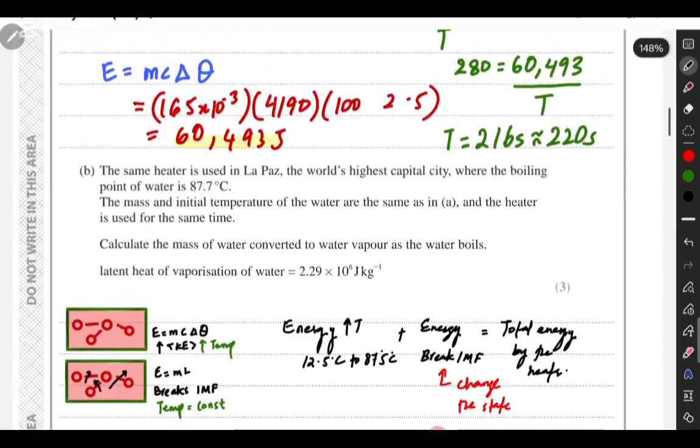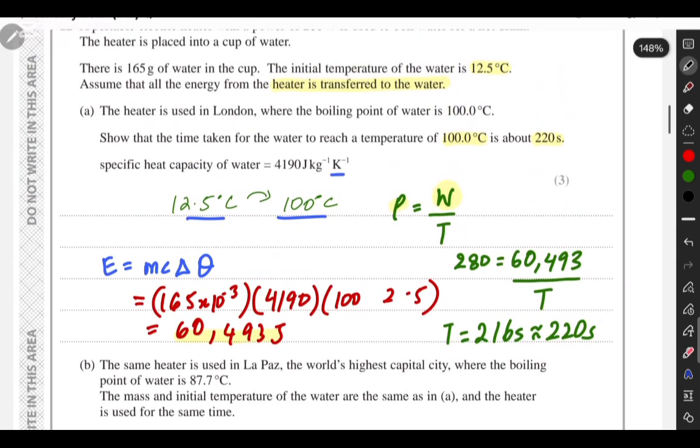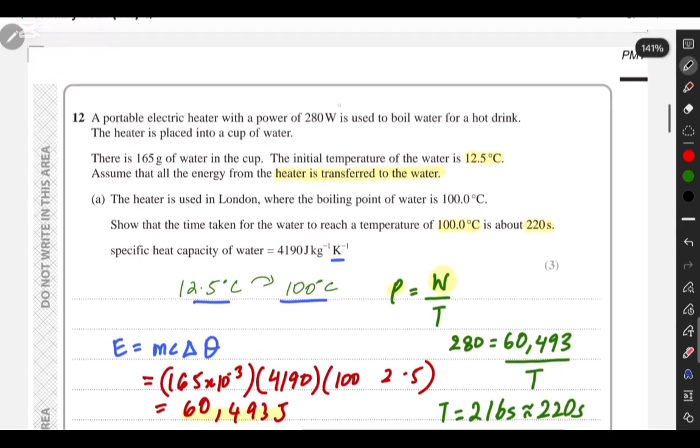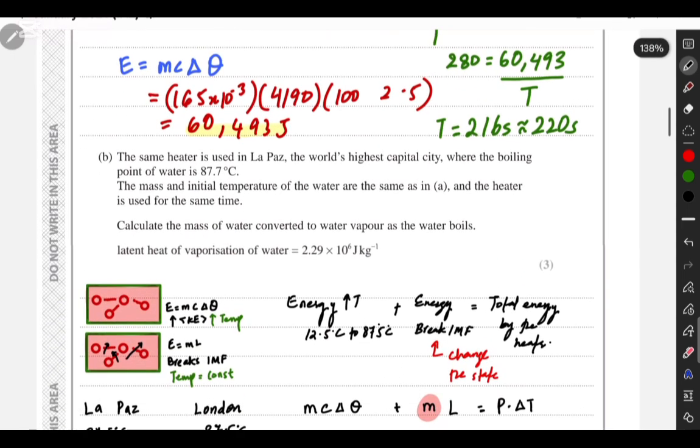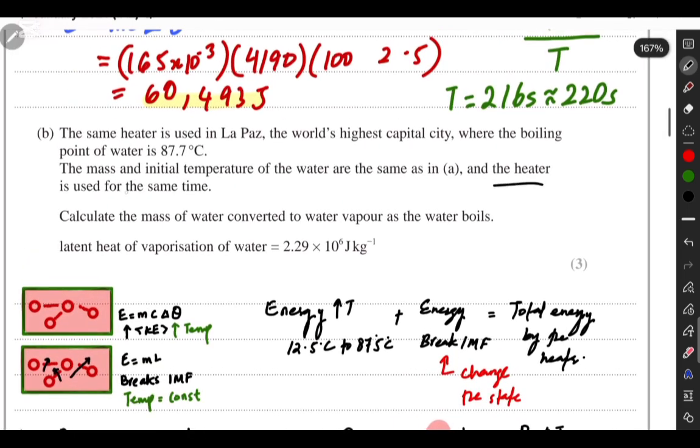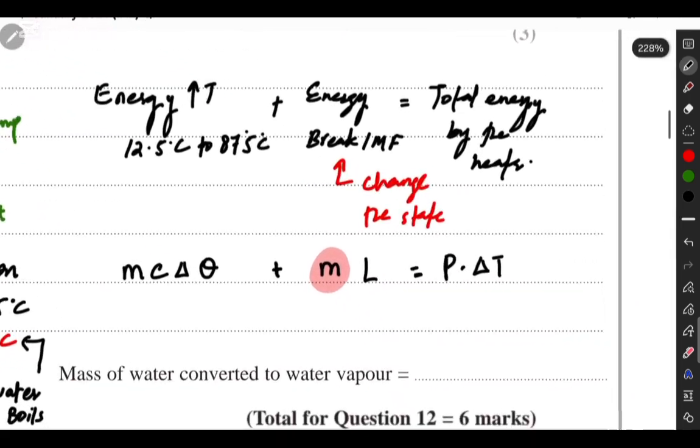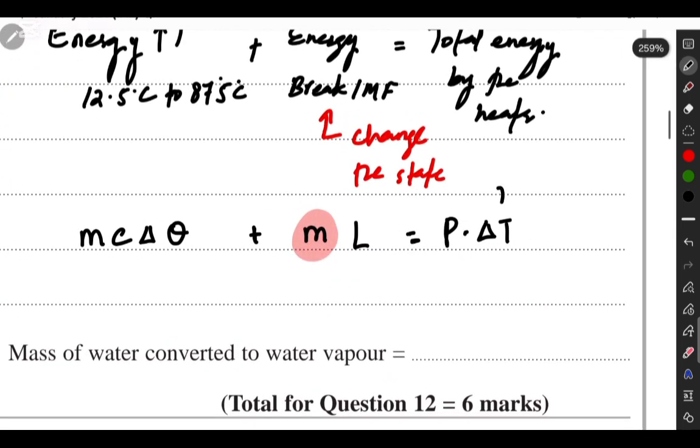So I know the power is 280, I know that from before. And it tells me in the question the heater is used for the same time, so the time is going to be 216 seconds.